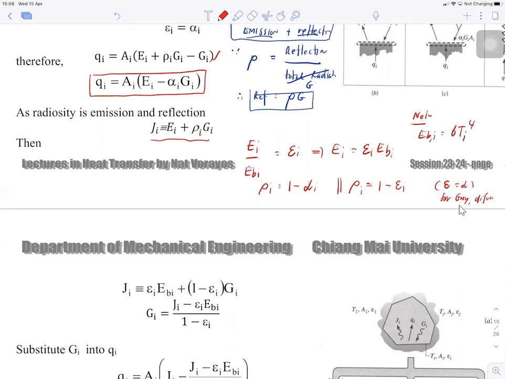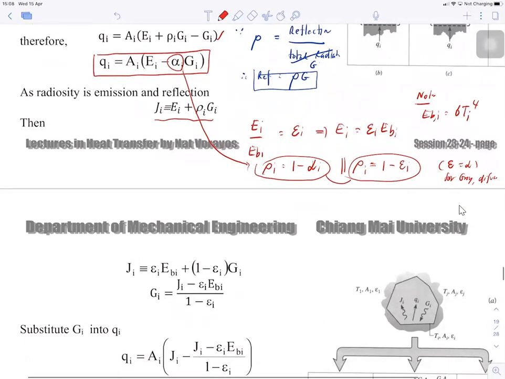In that case, you substitute this with this, and you know it's equal to this, and you rearrange the equation. This is what you're going to have.